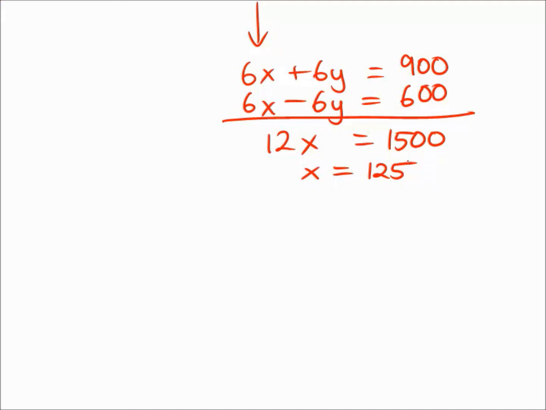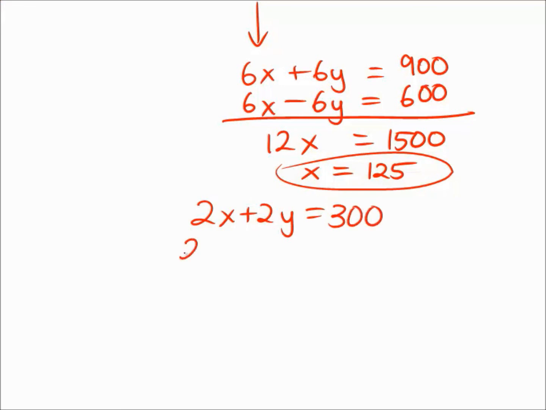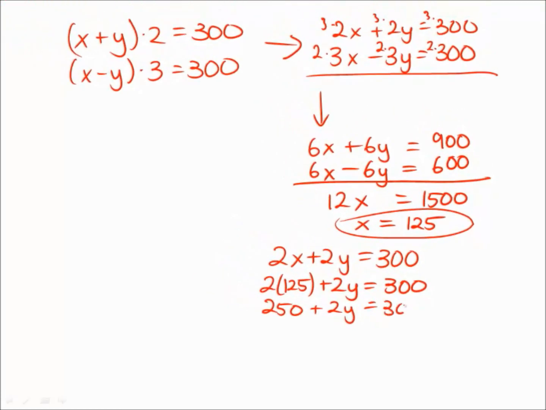Let's now continue and plug that back in to say the first equation, which told us 2x plus 2y is equal to 300. So twice 125 plus twice y would be 300. Twice 125 is 250. Take that away from 300, you get 2y is equal to 50, and therefore y is 25.